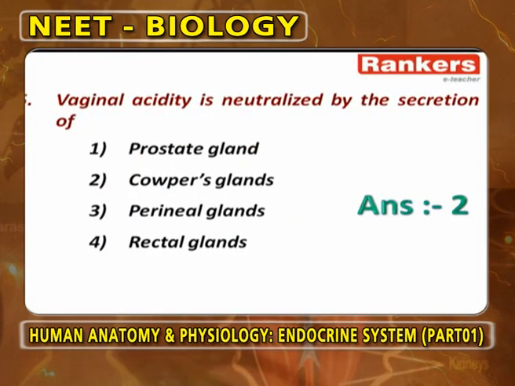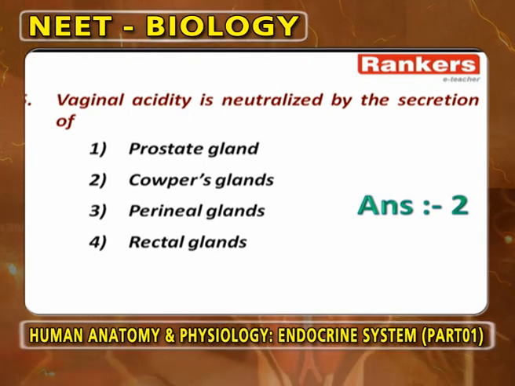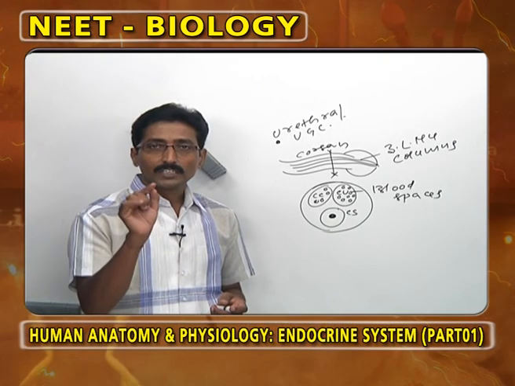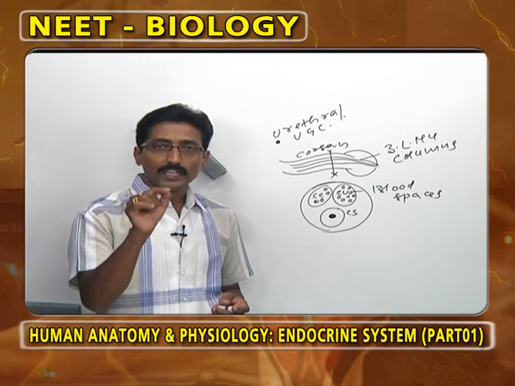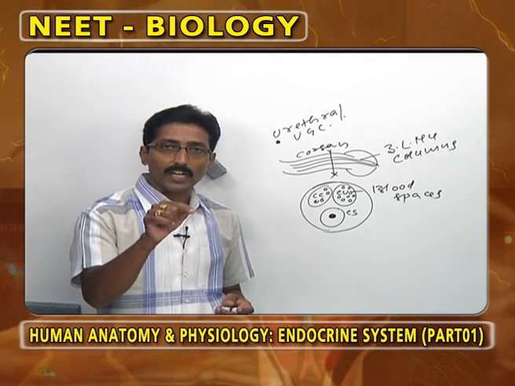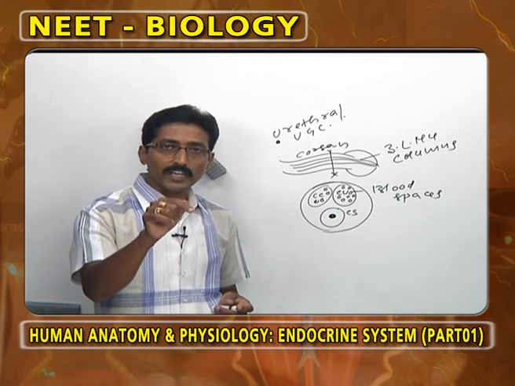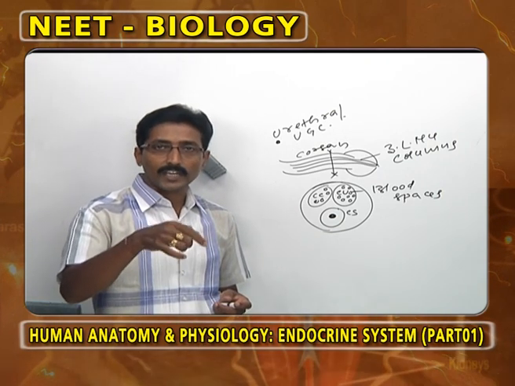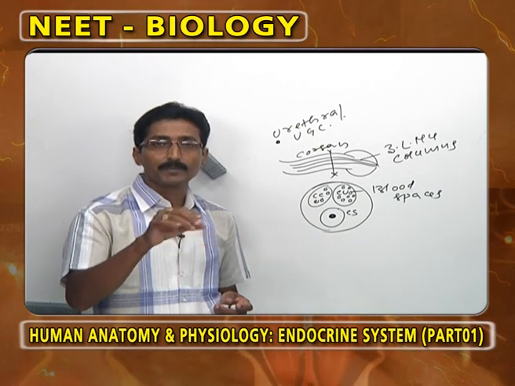Vaginal acidity is neutralized by the secretion of. Now as we observe copulation, at the time of copulation the male animal inserts the copulatory organ into the vagina of the female animal. Now in the vaginal cavity acidity is present.